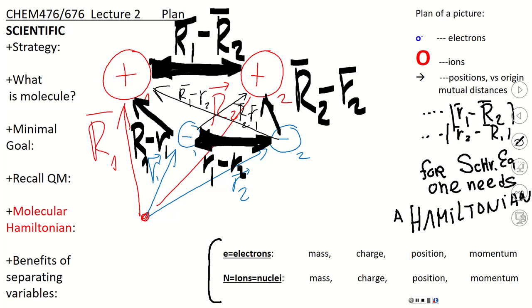Okay. So if I do want to write at least potential energy, I need to write down 6 times Coulomb's law, right? 6 terms.